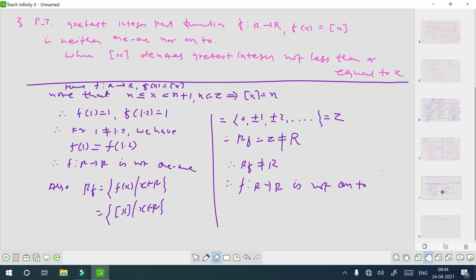I would like to put one note. If we take f from R to Z, f of x is equal to the integer part function x, then f is not 1-1, but it is onto. For 1-1ness, as per the previous part, you can use the same thing to show that f is not 1-1.